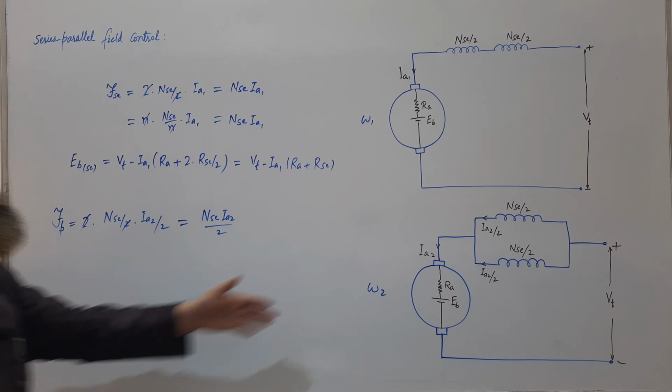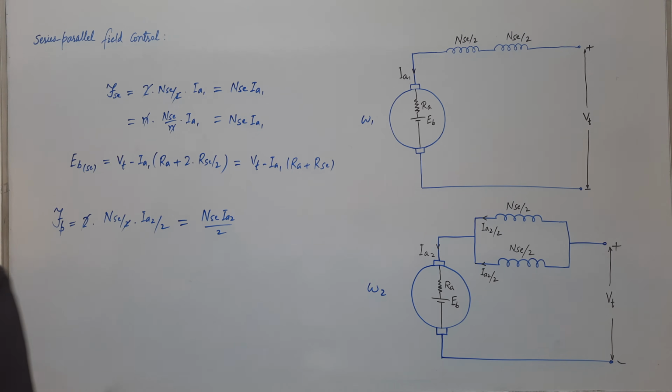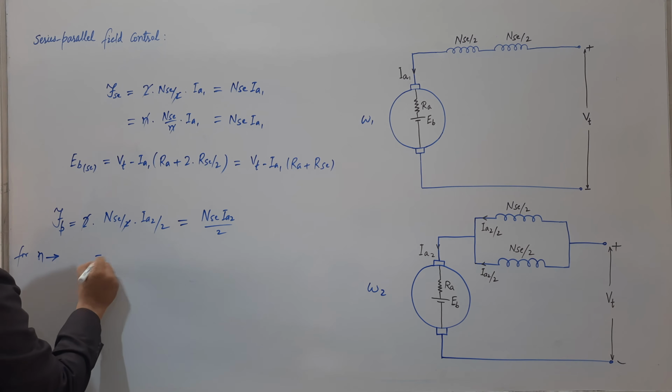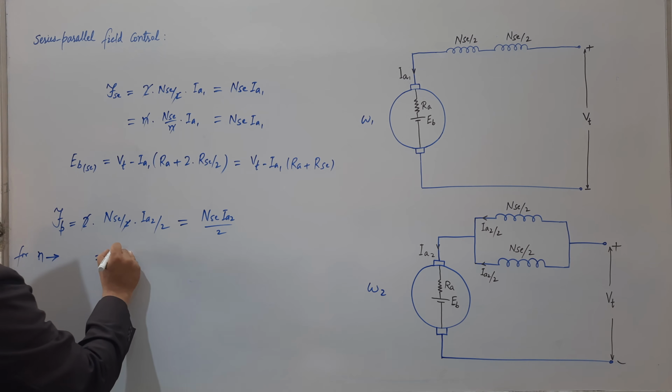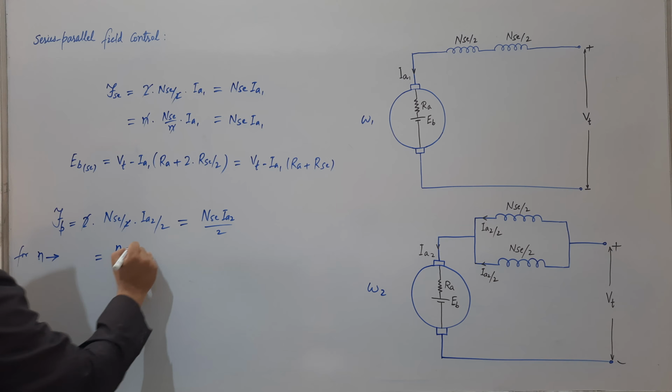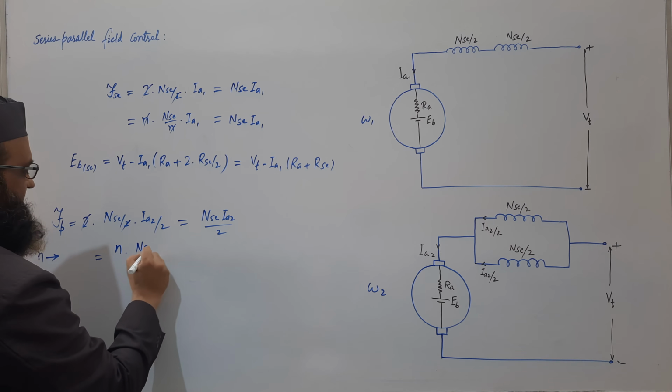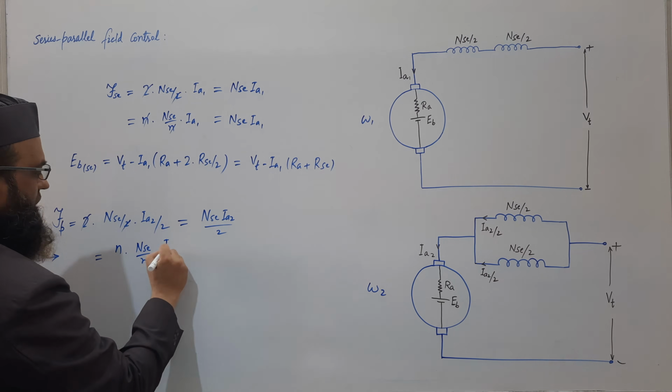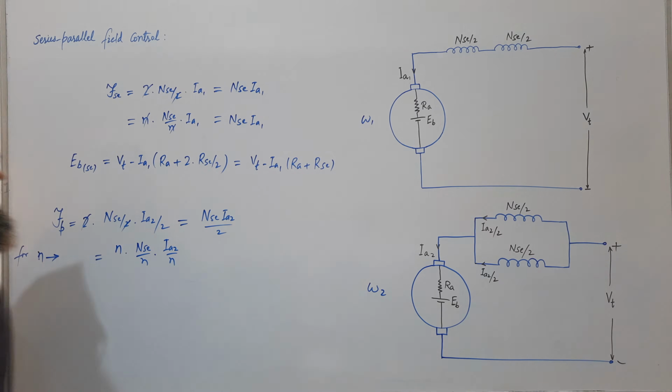So for n such parallel connections, the same may be written as n times NSE by n into IA2 by n.